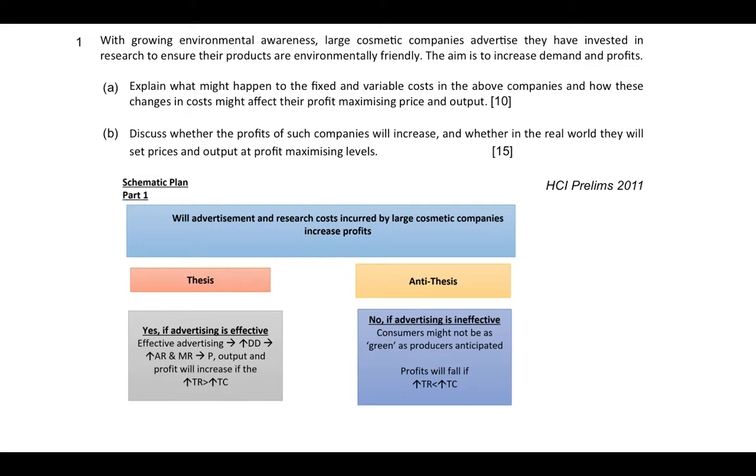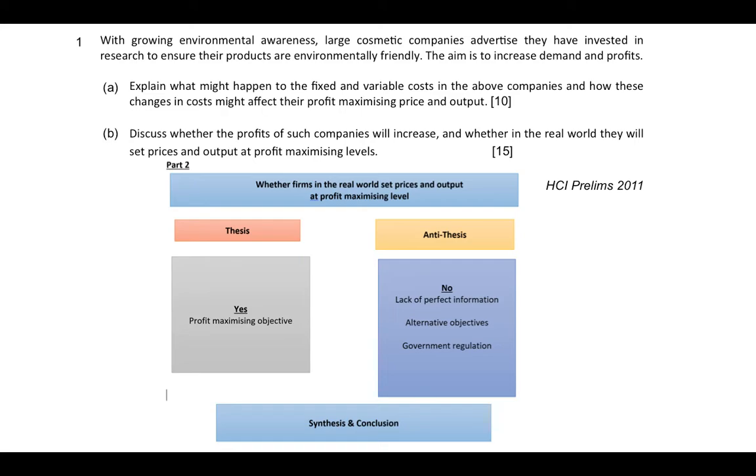Remember this is only part 1, because we have to address the second part of this question: whether in the real world, firms will set prices and output at profit maximizing level. The thesis is that firms will set price and output at profit maximizing level, and the assumption here is that they seek to profit maximize. Our antithesis would be the opposite.